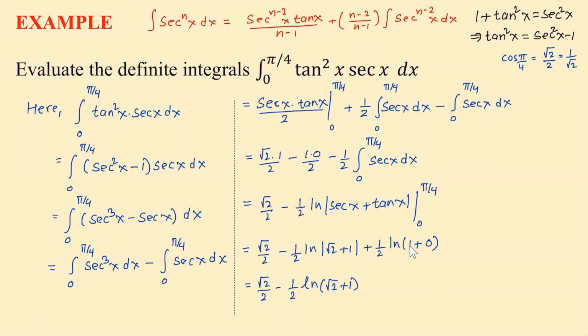This one here, 0 plus 1 is 1. Natural log of 1 is 0. 0 times half is 0. So that means this is my answer. Because there's a common denominator of 2, this can be written as square root of 2 minus natural log of square root of 2 plus 1, all divided by 2. So that is the value of this integral, which is given here.